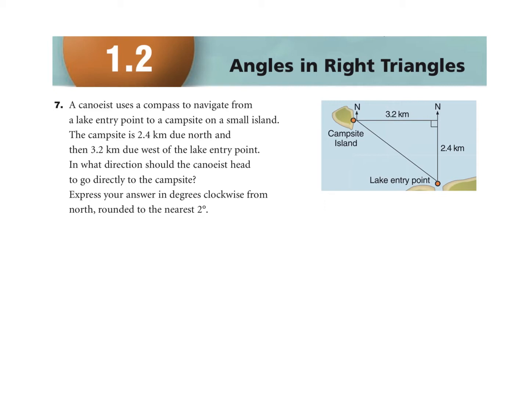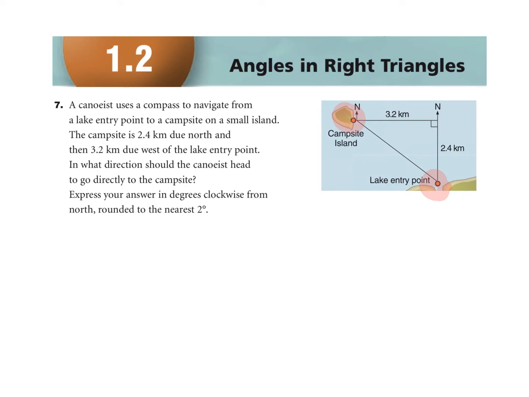So in this example, a canoeist uses a compass to navigate from a lake entry point, right over here, to a campsite on a small island over here.